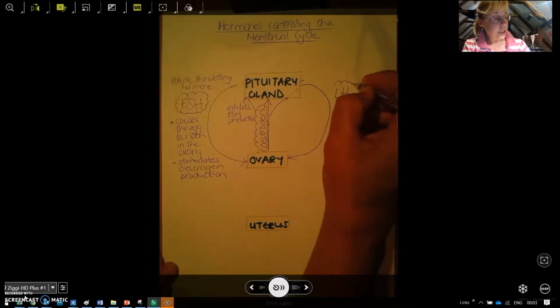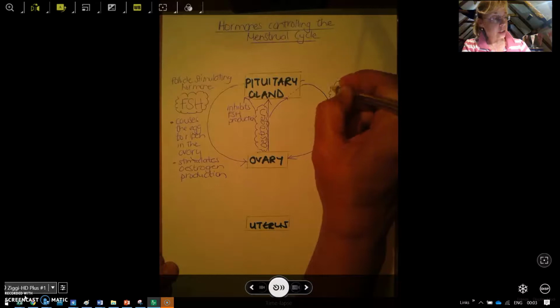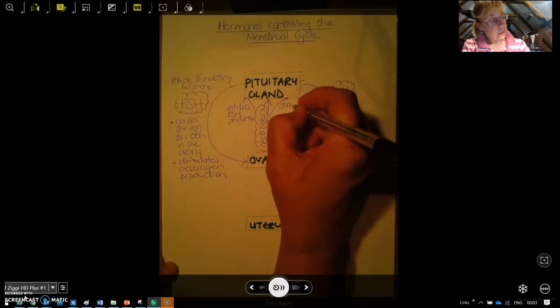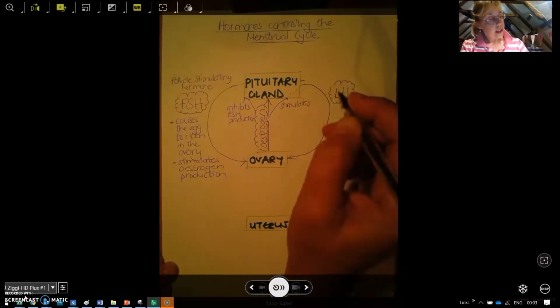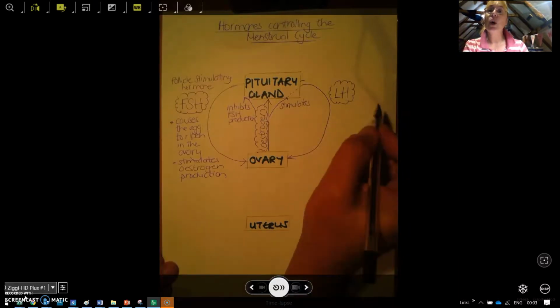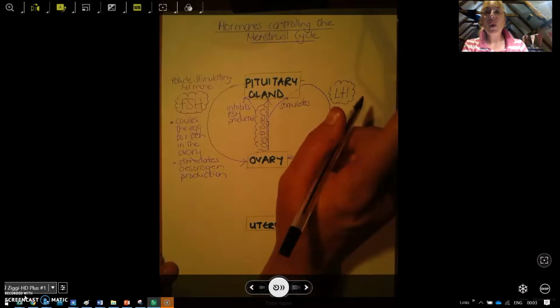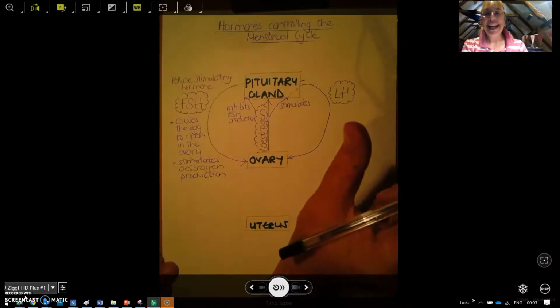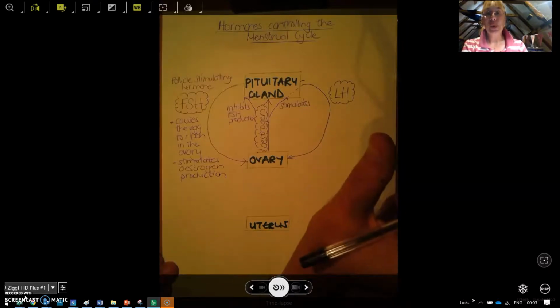So it stimulates the production of luteinizing hormone. Now luteinizing hormone is what causes the egg to be released on day 14.